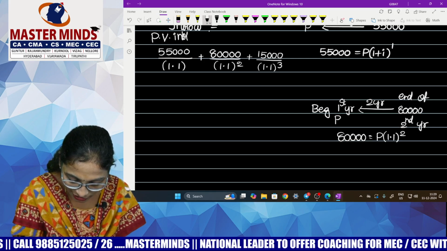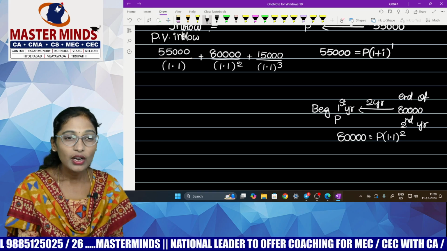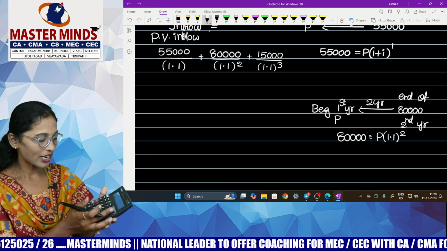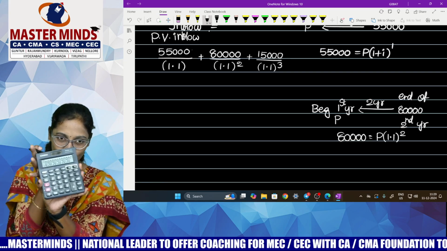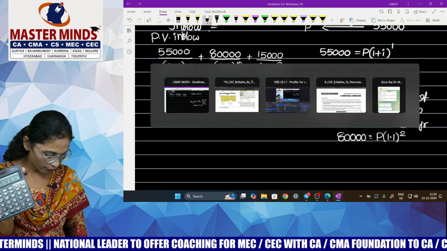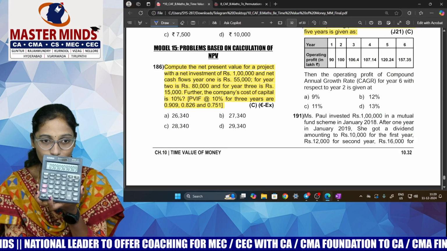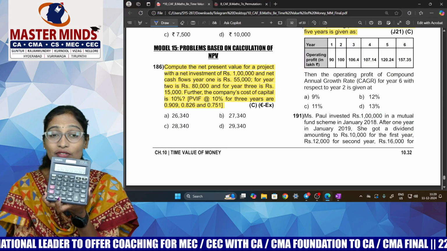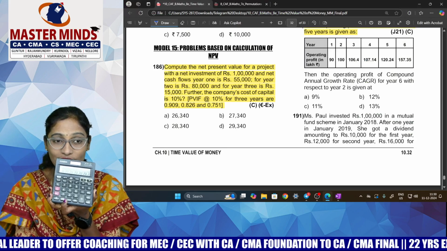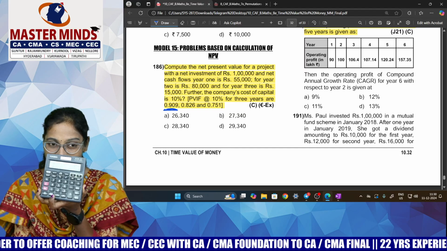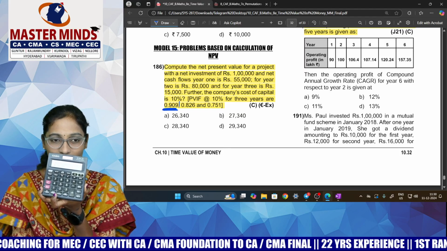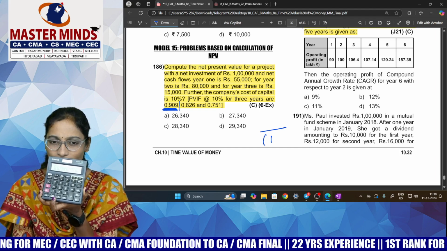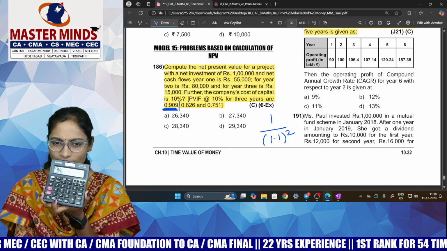Now, ikkada you should understand one more thing. What is 1 by 1.1? Ask your calculator. 0.90909. Now, if you look at the terms that are given to you in the bracket, present value inverse factors at 10% for 3 years are 0.909. వీటన్నిటికీ 3 digits approximation తీసుకుంటారు నాన్న. నెక్స్ట్ సెకండ్ దానికి 1 by 1.1 whole square ఉంది కదా డినామినేటర్లో.